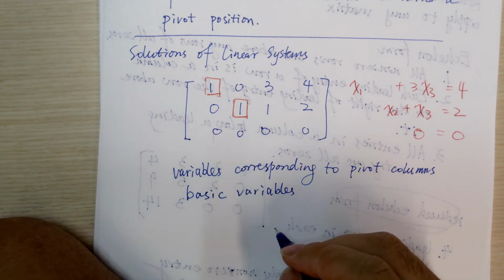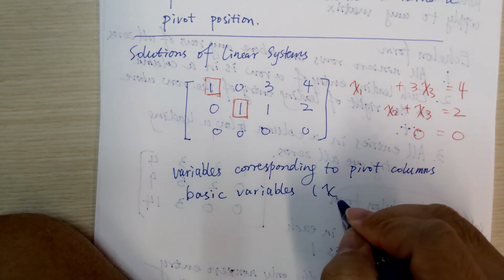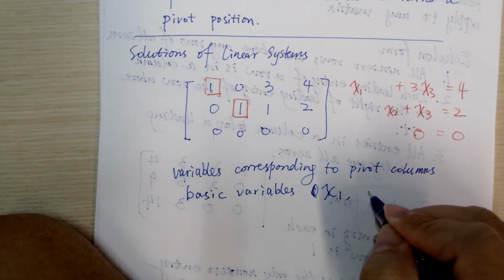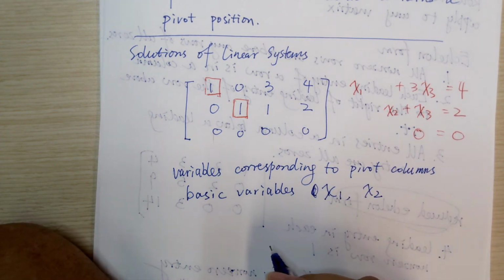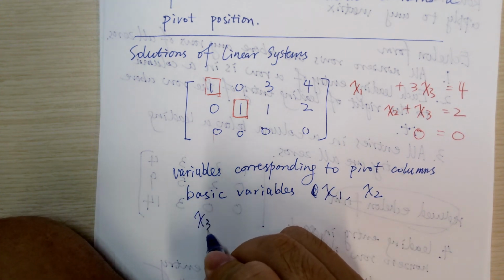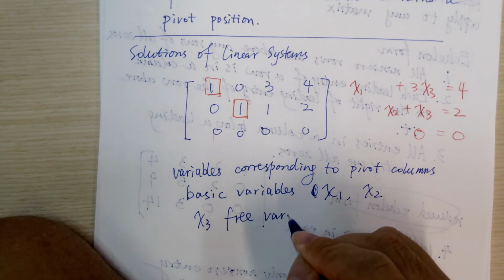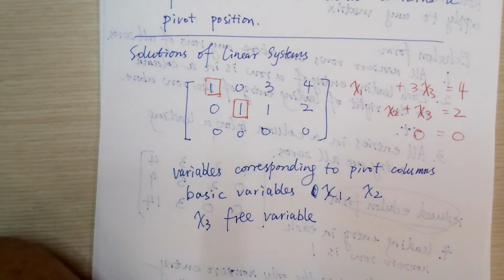The basic variables are x1 and x2, okay? The other variable is x3. We have a name for it: it's called the free variable, okay, free variable.